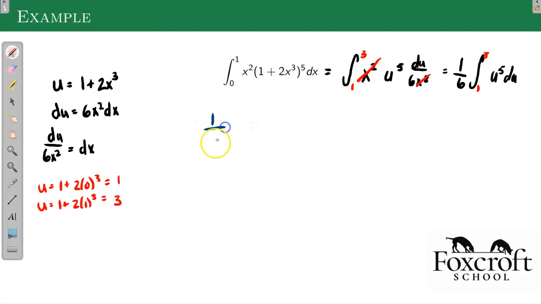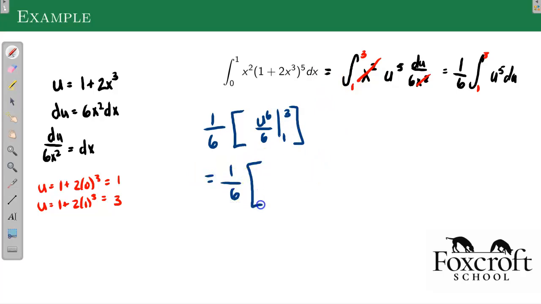So the 1/6 is just going to hang out. The antiderivative of u to the fifth is u to the sixth over 6, evaluated from 1 to 3. Again, the 1/6 hangs out on the outside as we do 3 to the sixth over 6 minus 1 to the sixth over 6. And 3 to the sixth is some big number. Actually, it's not that big.